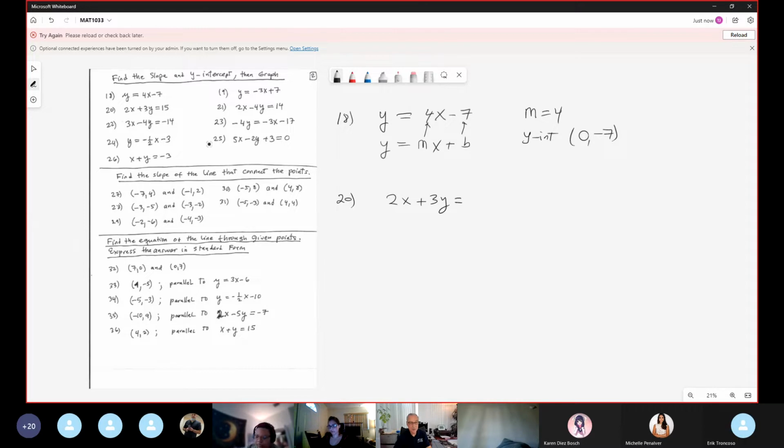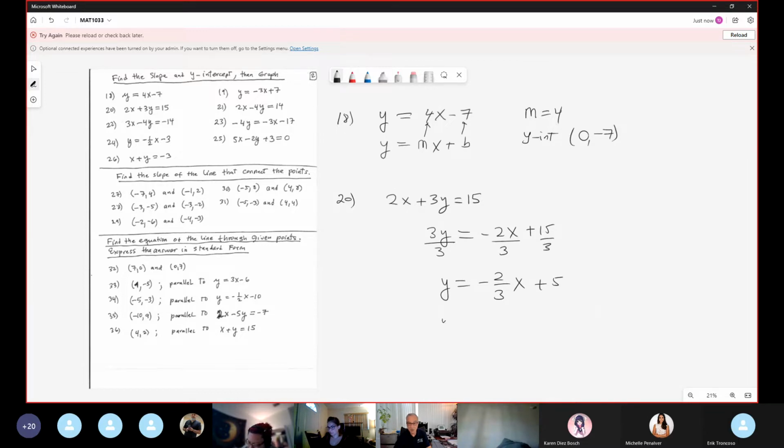When you isolate y, you convert immediately to slope-intercept form, and you see what is m and what is b. It's doing 3y equals -2x plus 15, divided by 3, because my goal, remember, is to isolate y. Y alone, I am happy: y equals -2/3 x plus 5. 15 divided by 3 is 5.